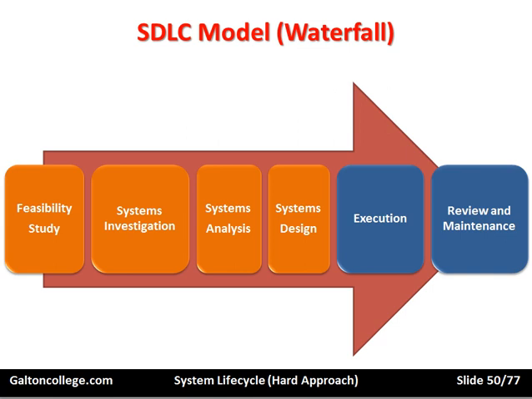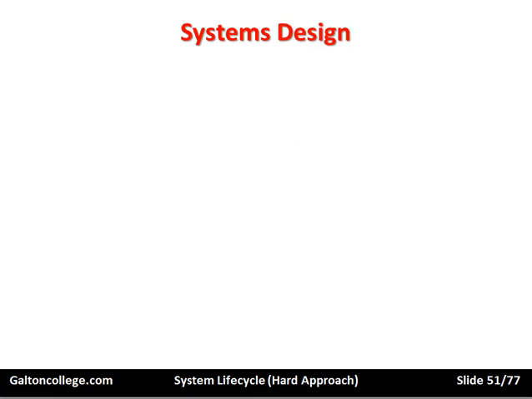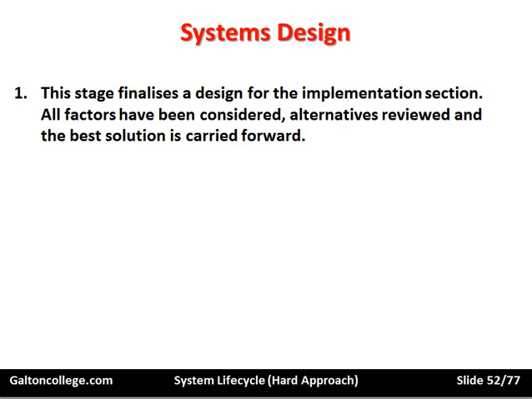Now, the system design, which is our next step in the waterfall. System design, well, this stage finalizes a design for the implementation section. So the system design, this is the final bit. Having worked out that a new system is required, the old system is malfunctioning, or it's got too many errors or too many rejects, it's not fulfilling the requirements of the organization, and it's not meeting customer needs.